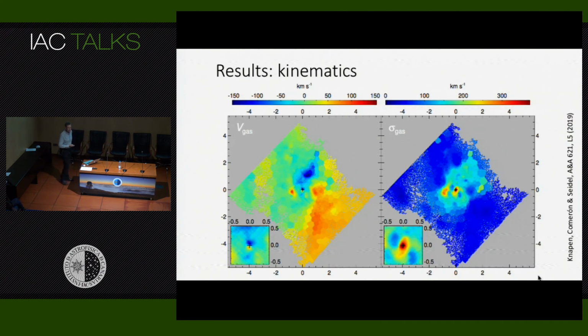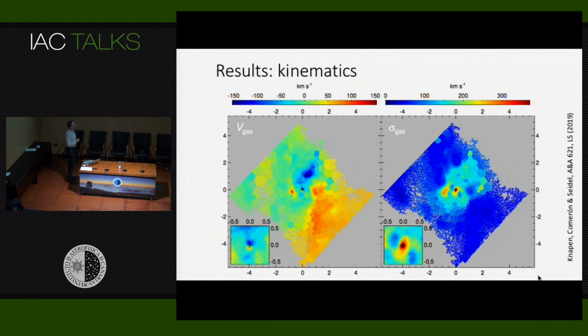Then we got the kinematics as well, of course. So here's the velocity field on the left, and the position of the center is there, and the velocity dispersion is on the right. I already said that the peak in velocity dispersion, which you see in the inset here, is what we use to determine the AGN position, and tie it into the astrometry with the ALMA data, etc. Velocity dispersion rises roughly towards the center, with a little area here which is star formation.